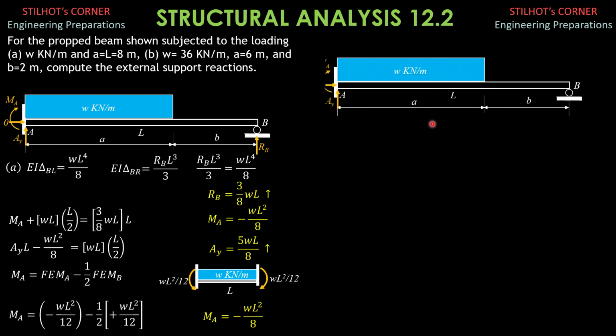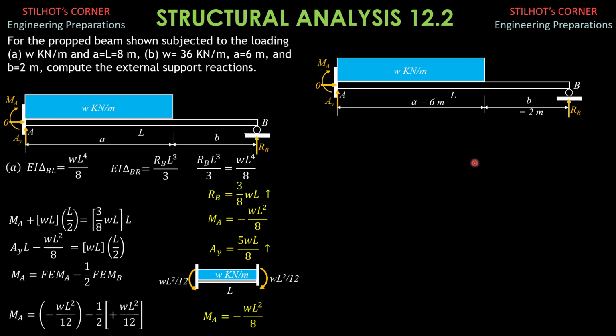So A is, these are the reactions, not equal to this because this is another case. Then reaction at B, let's just call it RB also. But A this time is 6 meters, B is 2 meters.